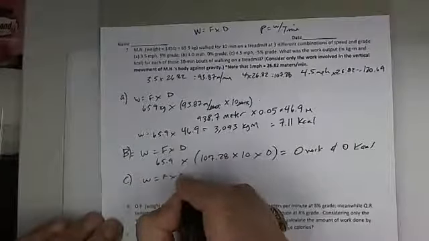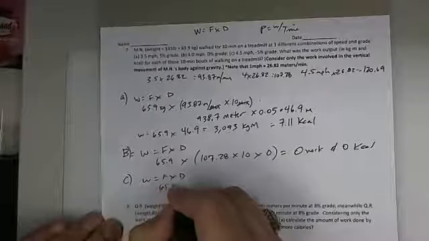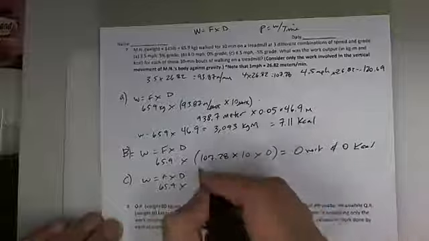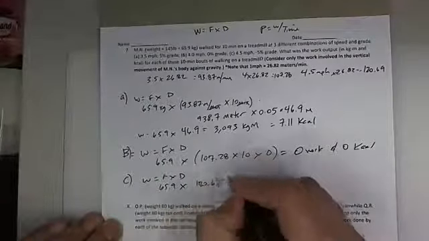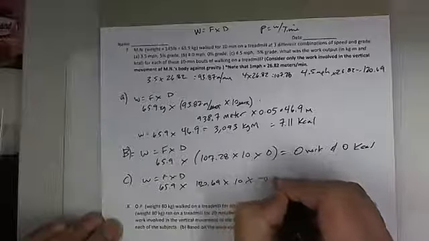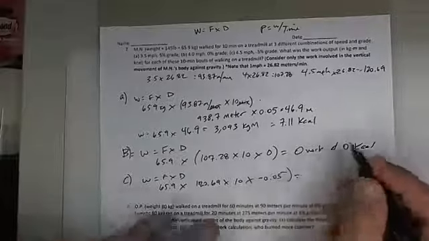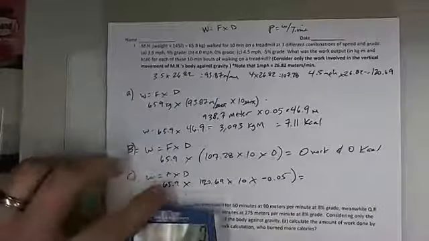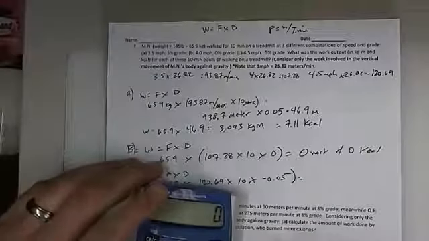So in the other one, force times distance, force is equal to 65.9 times, in this case, 120.69 times 10 minutes times negative 0.05. And you'll notice I just kind of consolidated in that first answer.